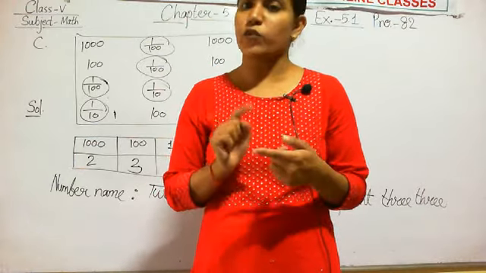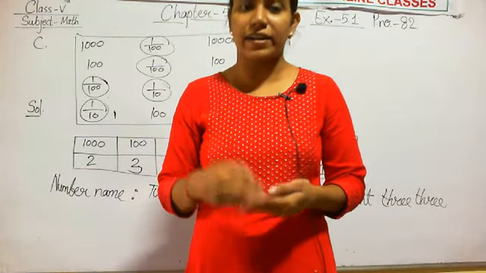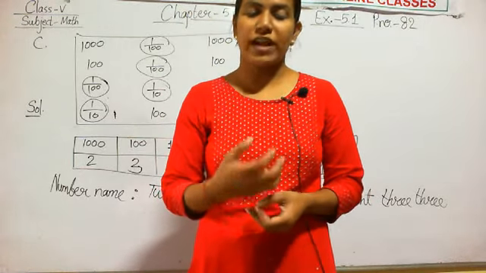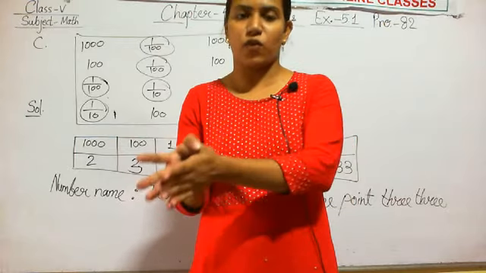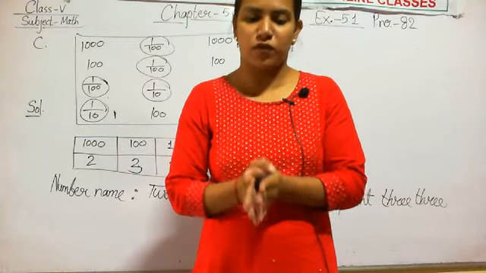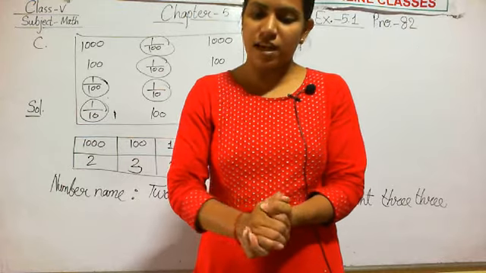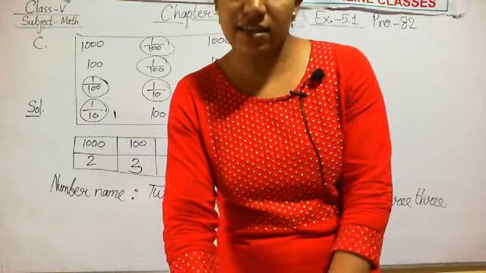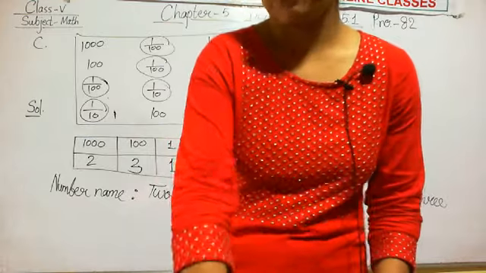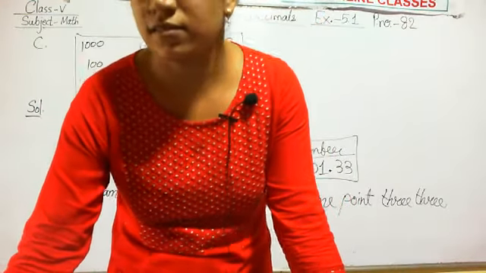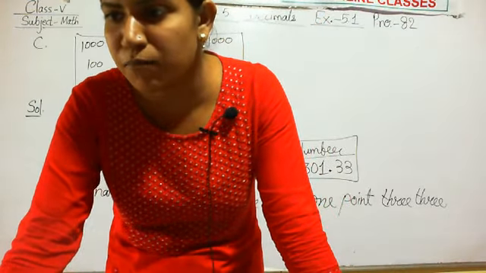We have learnt how to read a decimal number, how to write a decimal number, how to write their number names, how to write in expanded form, and how to write in short form. So this exercise is covered. In the next exercise we will learn a new concept related to decimals. Till then, practice these questions and complete your homework.